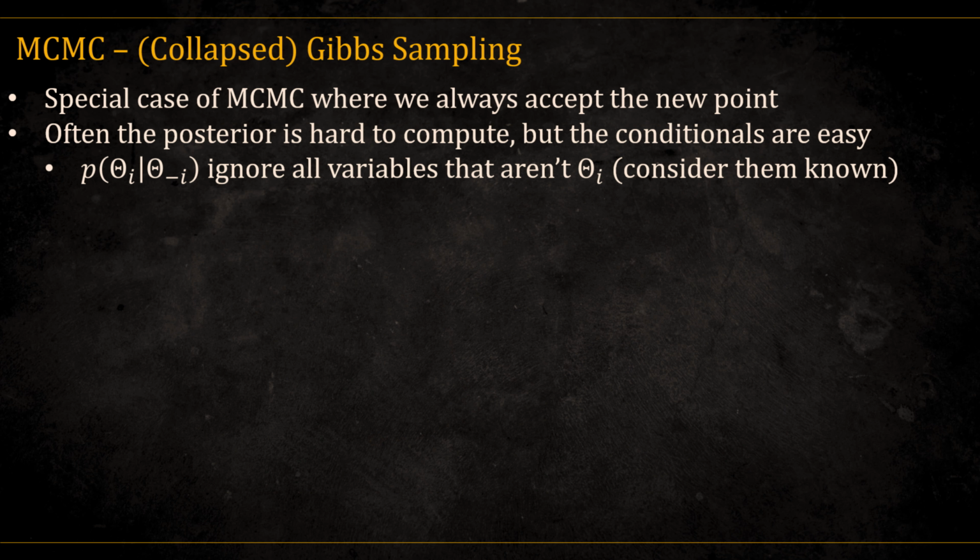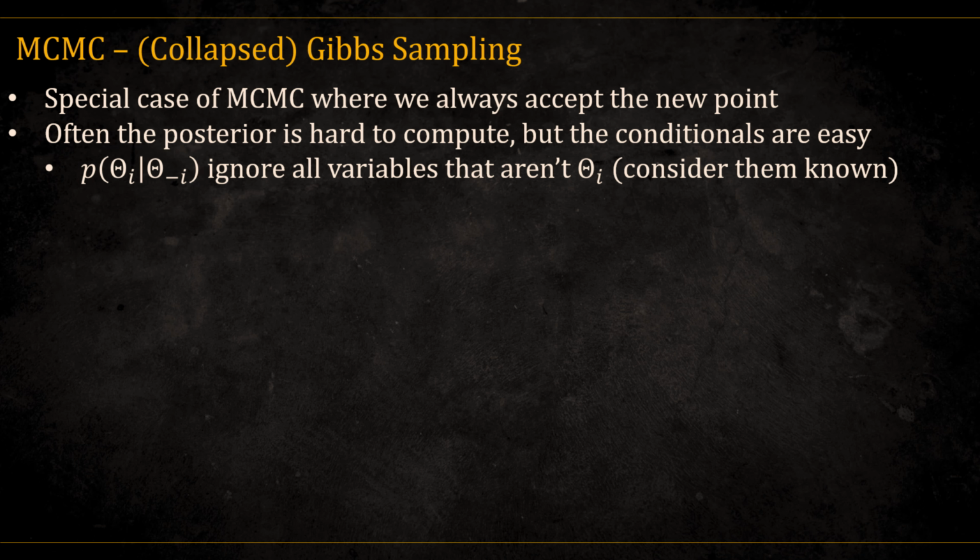That was the general case, but what actually is being implemented for the LDA problem is Gibbs sampling, which can be considered a special case of MCMC where we always accept the new point. Often the posterior is hard to compute, but the complete conditionals are rather easy. What I mean by complete conditionals is that if we have some vector of parameters theta, then the complete conditional is the distribution of a single parameter theta_i given all other parameters excluding the ith parameter.